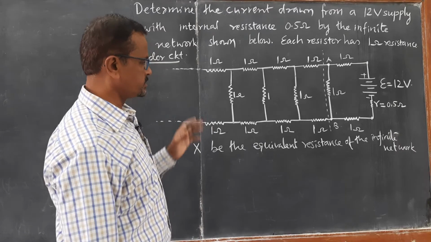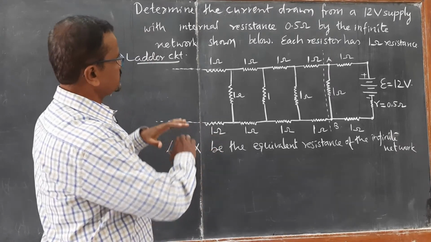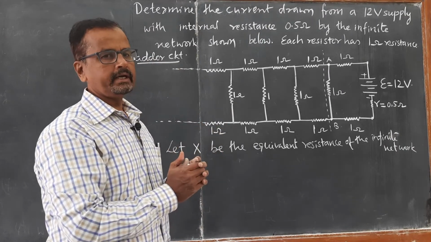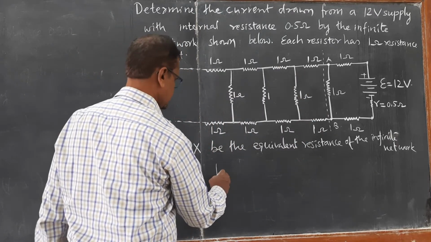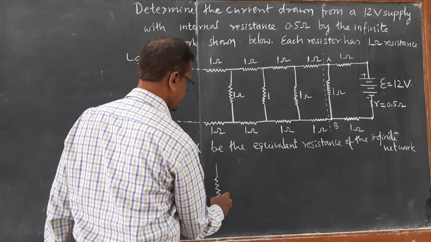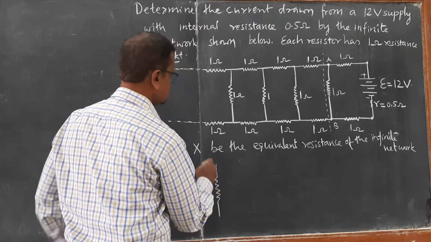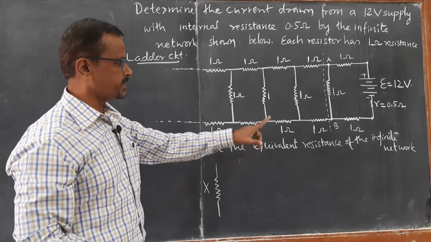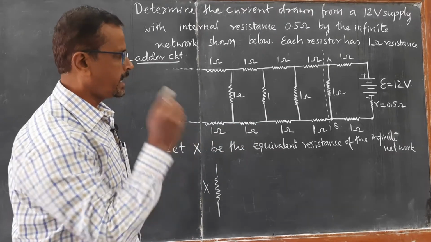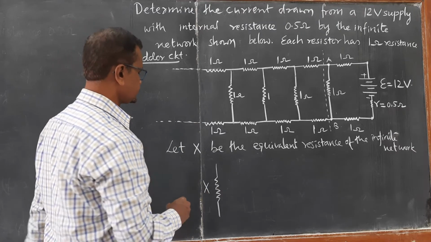So, for this what will we assume? Let us assume that the equivalent resistance of the entire network is X. Let X be the equivalent resistance of the entire infinite ladder network, as I have written here.